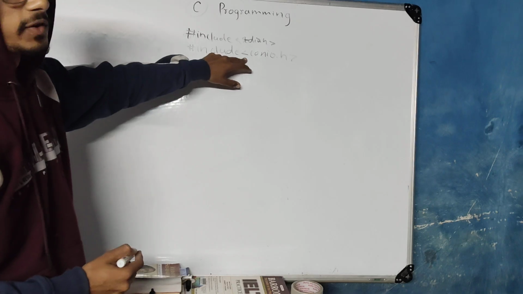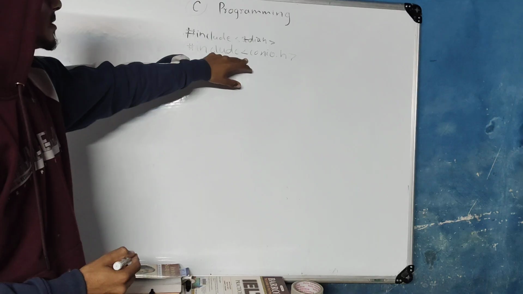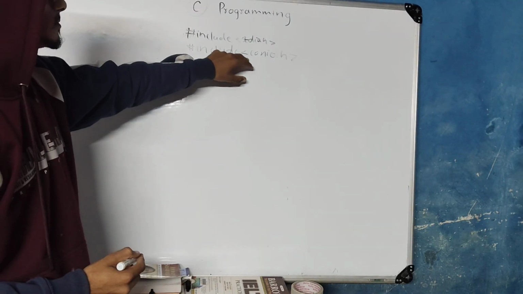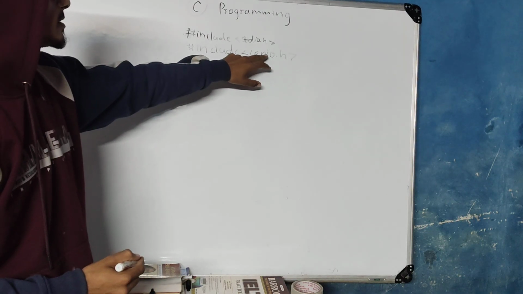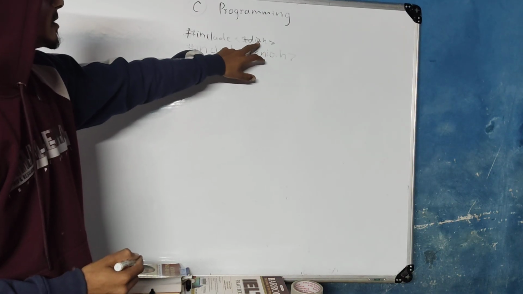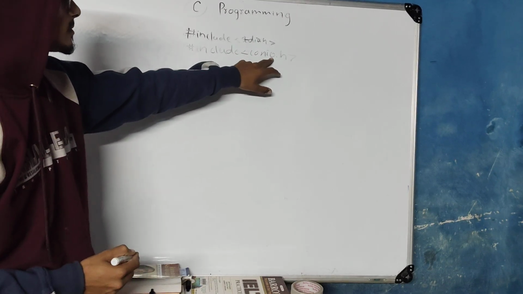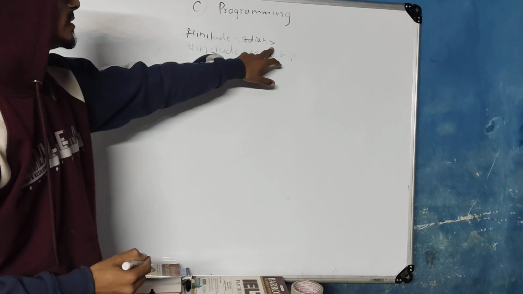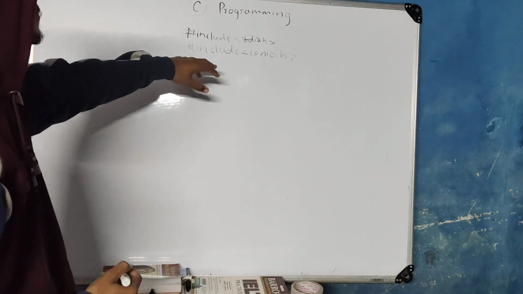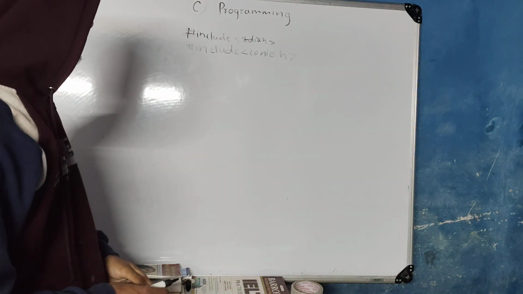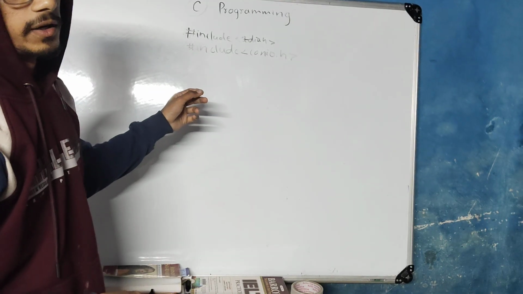But which kind of libraries, you may ask? Those are input output libraries, that you can see like this. IO means input output, and .h means header. Okay, this was a technical part.